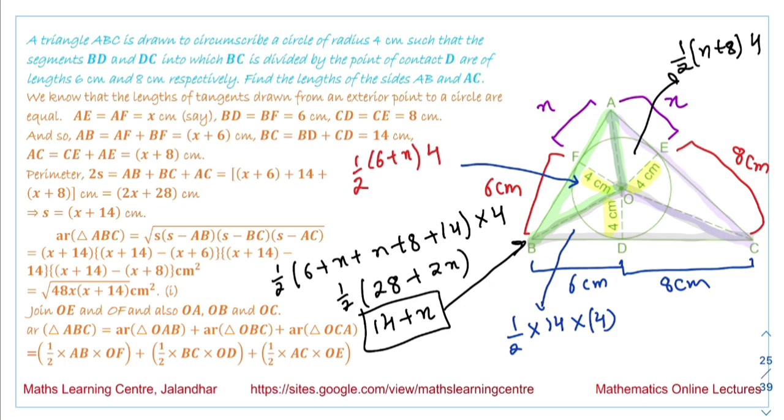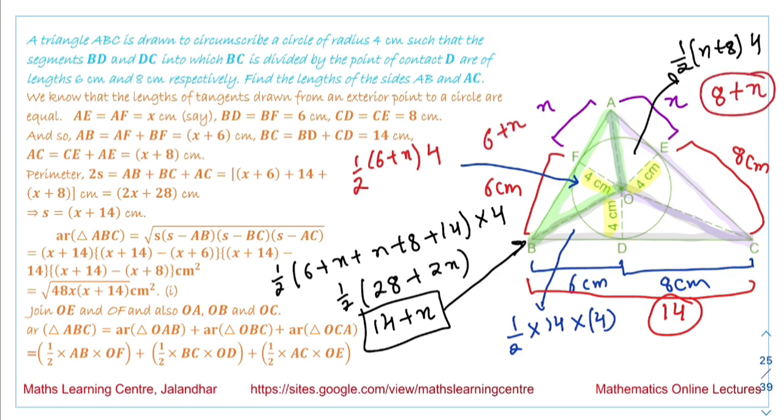Now to calculate the area of this triangle ABC, we are using Heron's formula. We are saying the semi-perimeter for this larger triangle we are talking about: this side of the triangle is 14 units, this side is 8 plus x, and this side is 6 plus x.